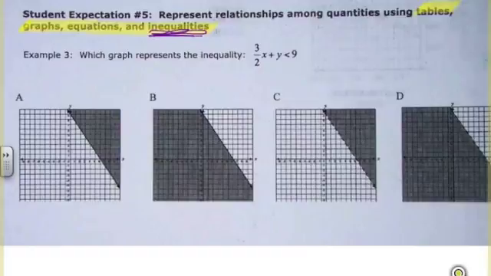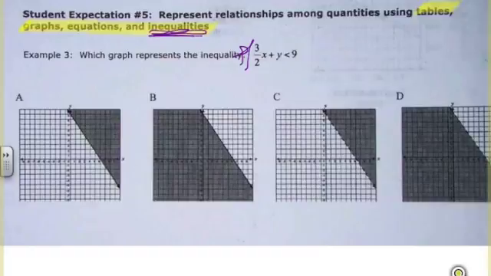Okay, so if I want to solve this inequality for y, what would be the first step to do, Carrie? I've got 3 halves x plus y is less than 9. I want to get the y by itself. Okay, and how do I go about doing that?